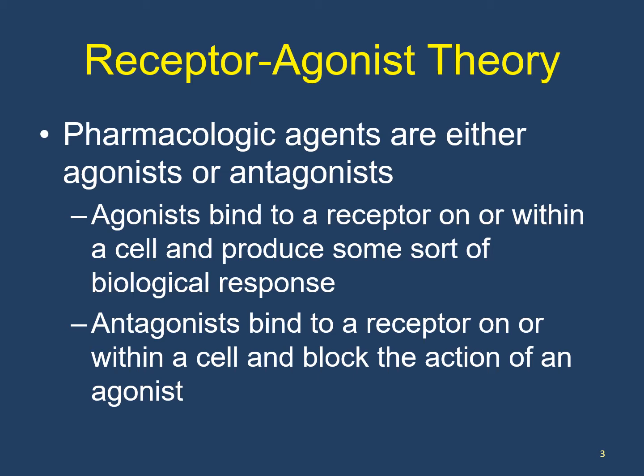Right? You see the difference there? An agonist causes a response. An antagonist does not. An antagonist has no inherent action on its own. It just blocks the response, or it blocks the action of a naturally occurring agonist. And many drugs that we prescribe to people are antagonists. So it's not that they do anything, it's that they block a normal, natural body response.